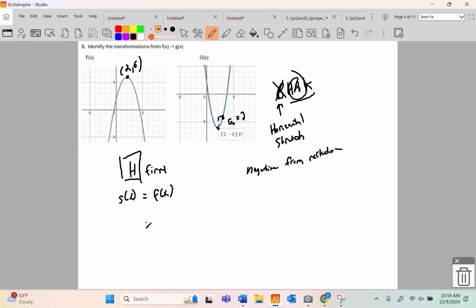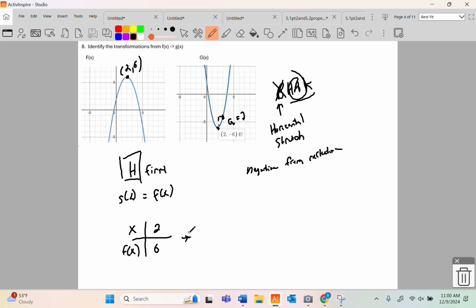But if you just do a simple table, f of x is 6 when x is 2. I got this backwards. I don't know if I should show tables or not.